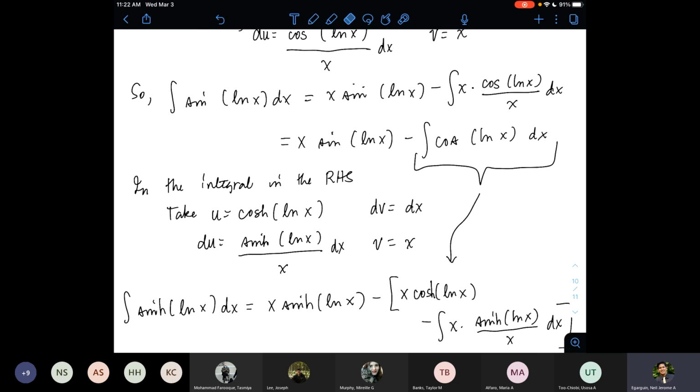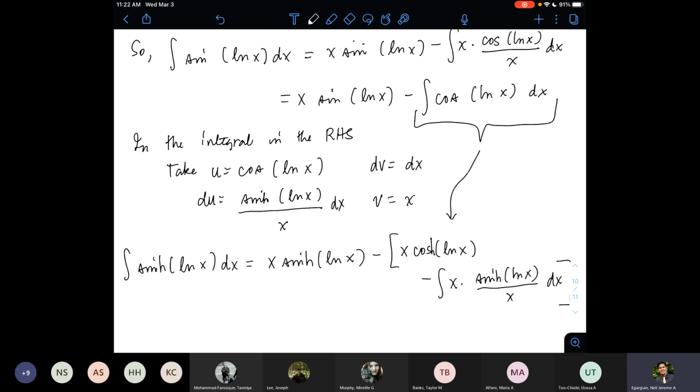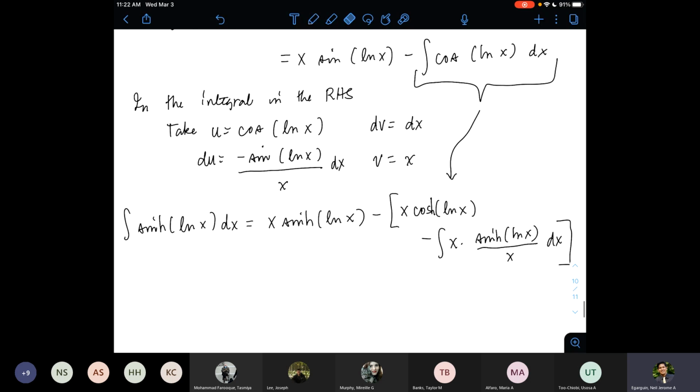And now here I'll have cosine. Oops. And then instead of a sinh, I'll have a negative sign over here. That cosh will be gone.